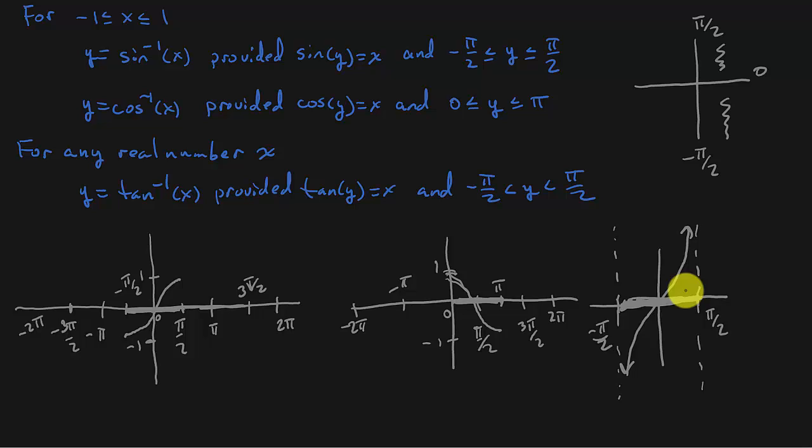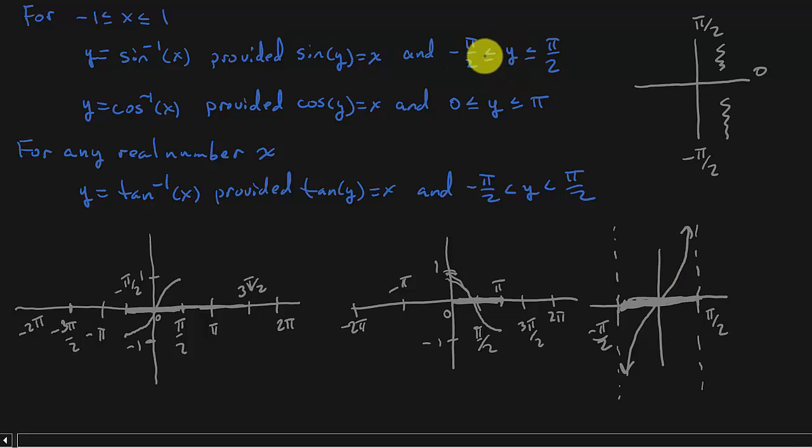All right. And if you notice that in the sine, it's less than or equal to, less than or equal to. That means it can equal negative pi over 2, and it can equal pi over 2, or negative 90 and 90. But with tangent, it can't, because tangent has vertical asymptotes here at negative pi over 2 and pi over 2.